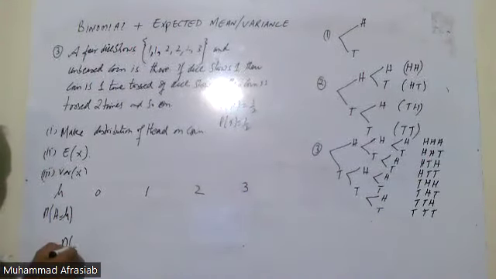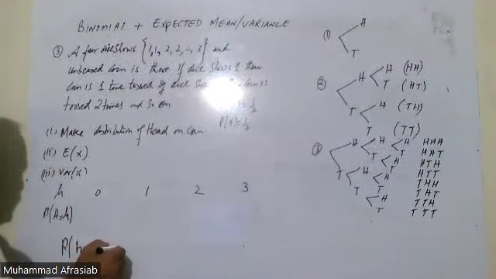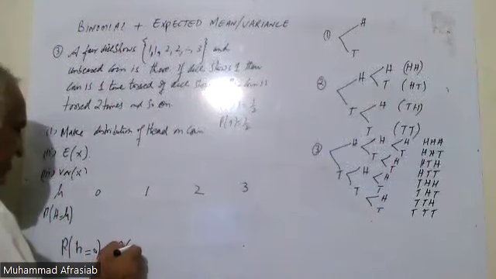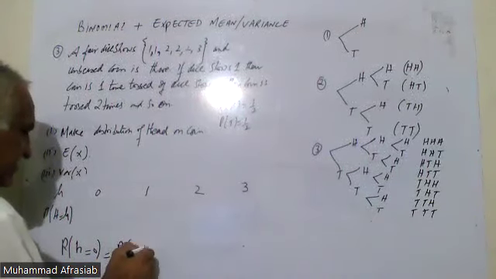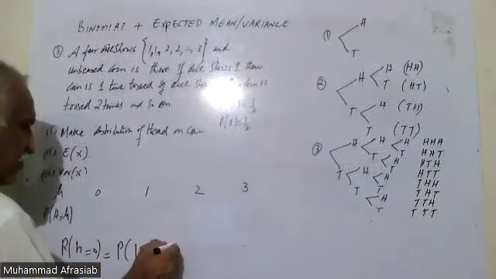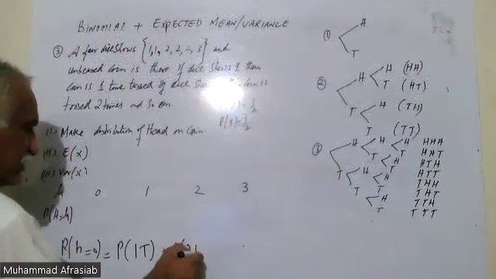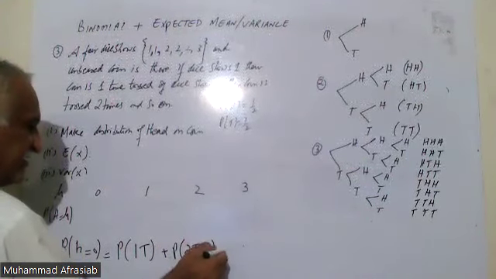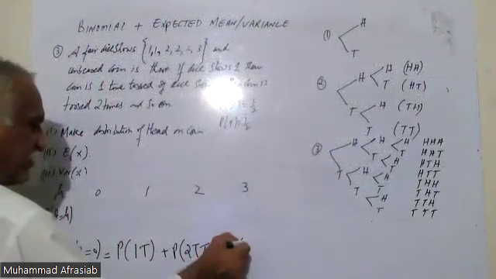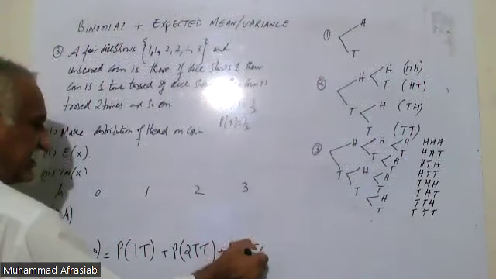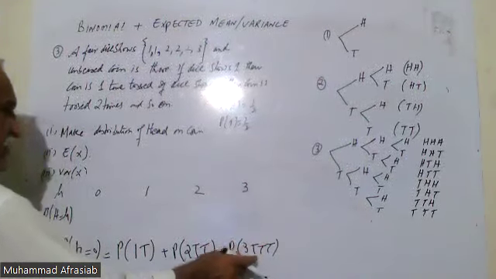So you can write probability of getting 0 heads as the probability of getting 1, with a tail; probability of getting 2, again with tail and tail; and probability of getting 3, with all tails, so that there is no head.